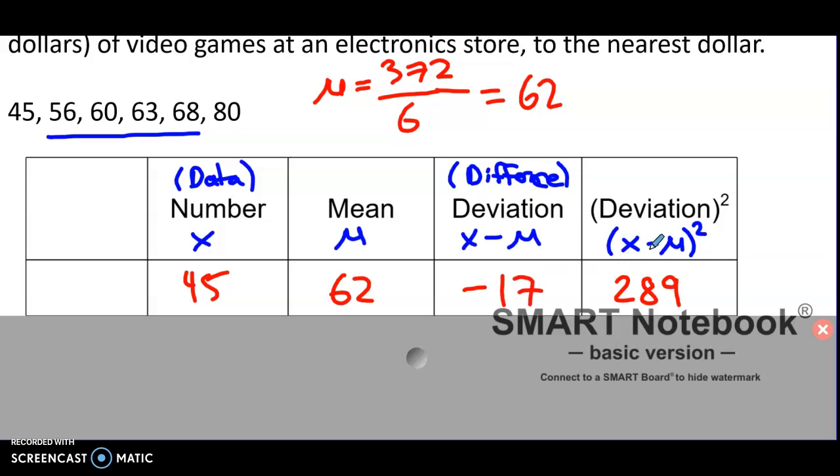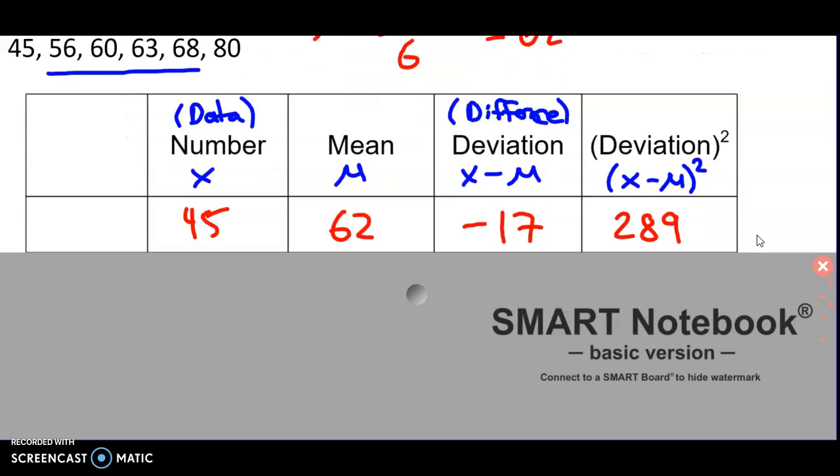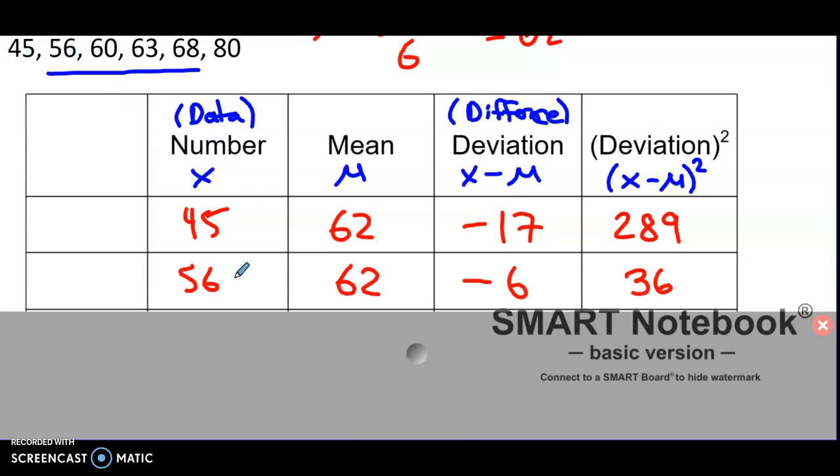Okay, and then the last column, you're going to do negative 17 squared, and that's 289. All right, our next data is going to be 56, right? So fill that in. 56, 62, then 56 subtract 62 is -6. -6 squared is 36. So now I want you to fill in the rest of the columns with each of these data sets, okay?